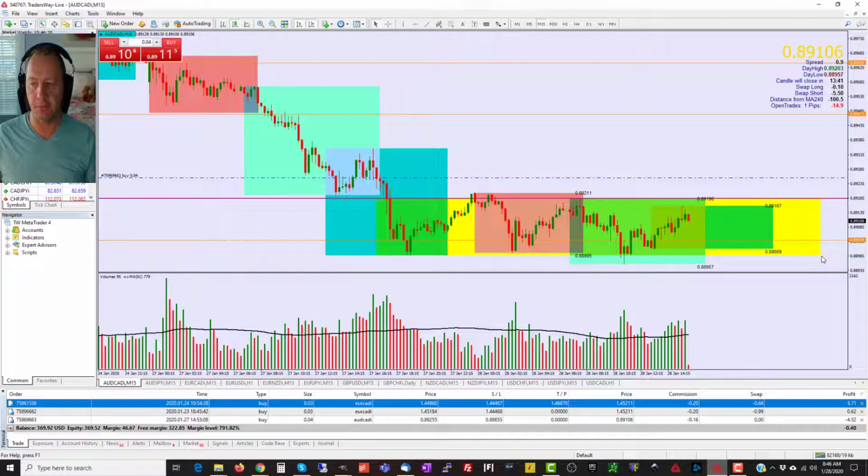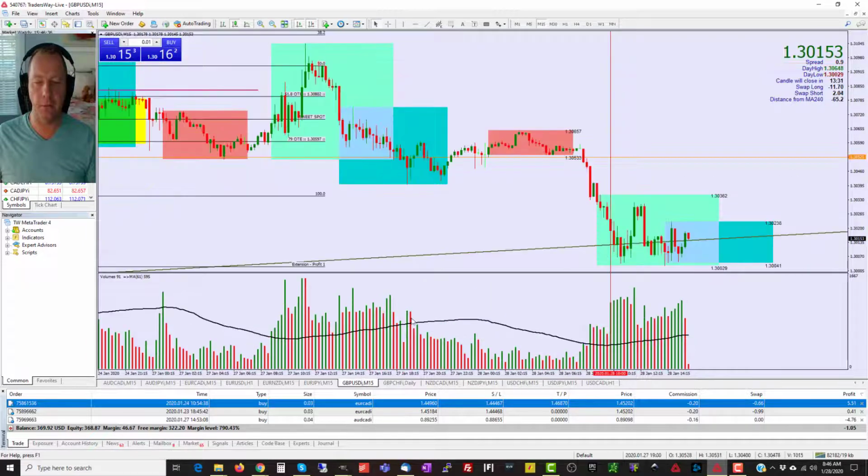Just gonna finesse this box a little bit. Alright, so we're gonna let this one sit. I was actually checking pound USD. It's at the bottom of the daily trading channel.